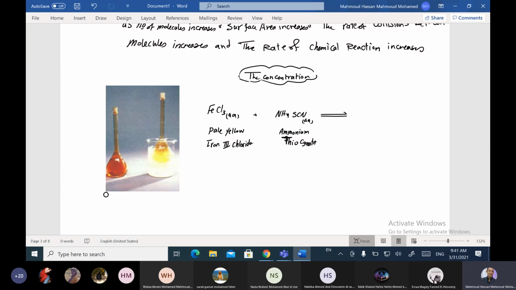These reactions take place in two directions, reversible reactions, forward and backward.